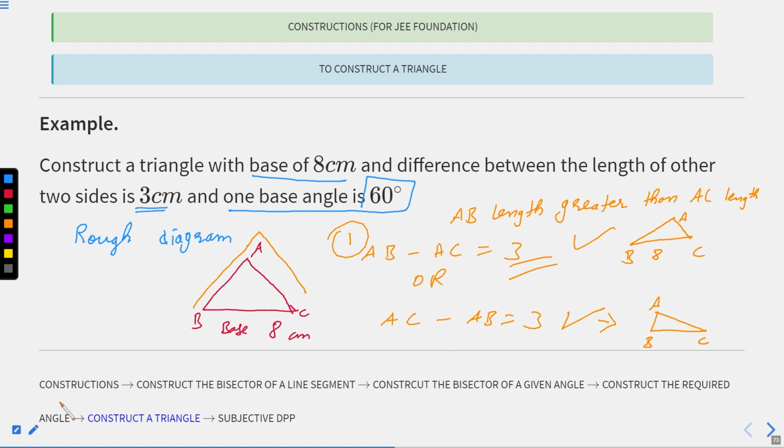Now let's move to the construction. The base is 8 centimeters and one base angle is 60 degrees.